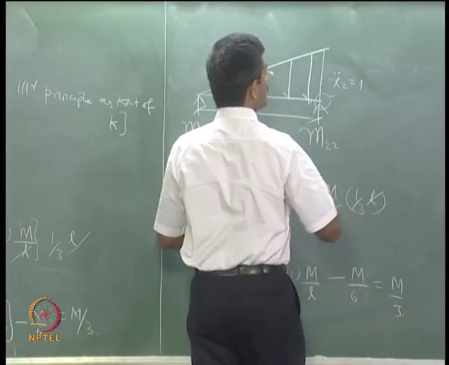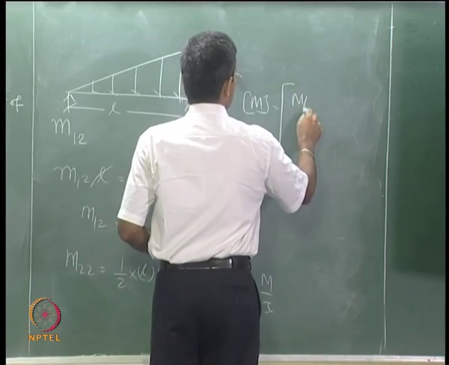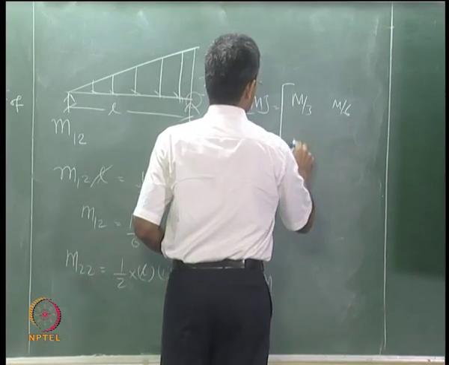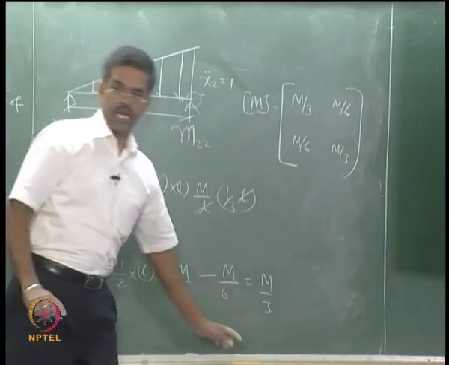So my mass matrix now becomes M by 3, M by 6, M by 6, M by 3, which is not a diagonal matrix.